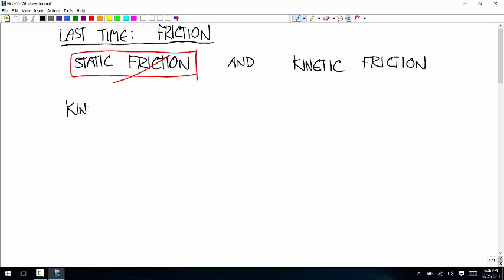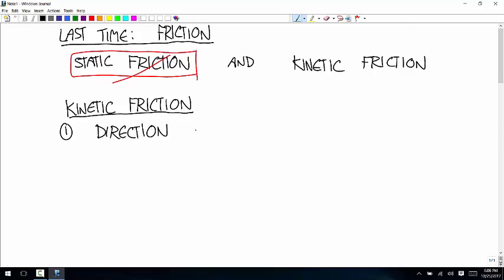So for kinetic friction, the direction is always opposite the velocity vector. And that's why in all of these friction problems, I'm going to have to tell you which way the object is sliding at the instant that we're analyzing.